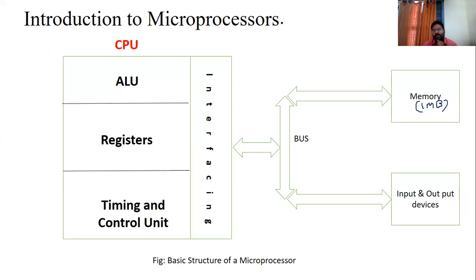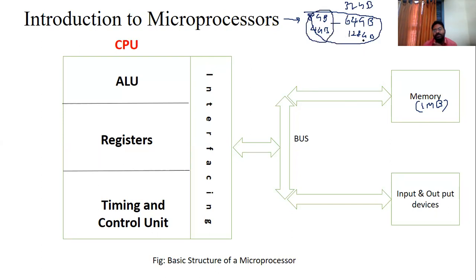Nowadays we purchase cell phones with 8 GB RAM or 4 GB RAM, and the memory size is 64 GB or 128 GB. Nowadays a cell phone's memory size is at least 32 GB. It is very rare now; most people are buying 4 GB RAM or 8 GB RAM.